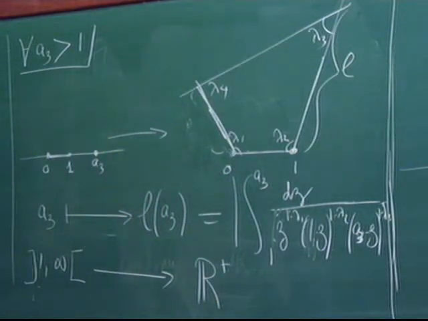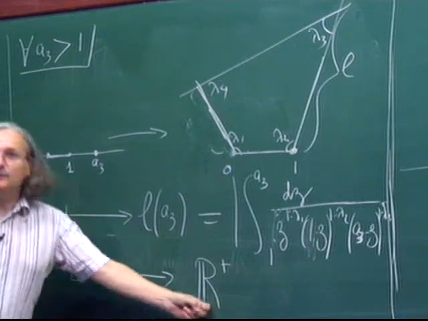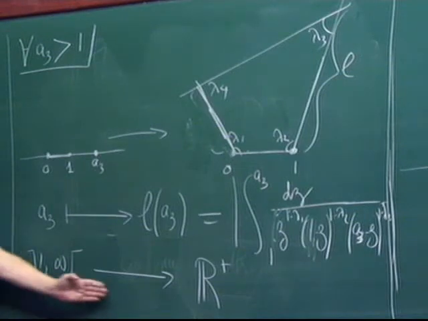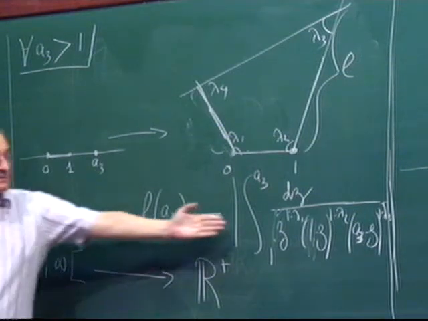And what you want to show is that for some A3, you have the correct value of the length. And the idea is very simple. Use the intermediate value theorem. So you will just show that this function is continuous, which is clear because it's given by a formula.